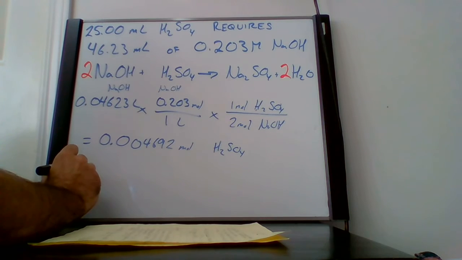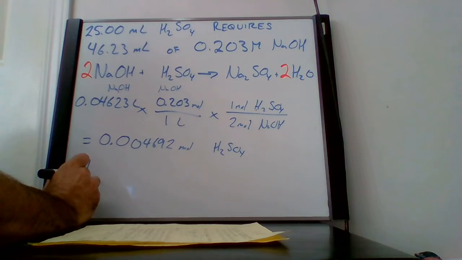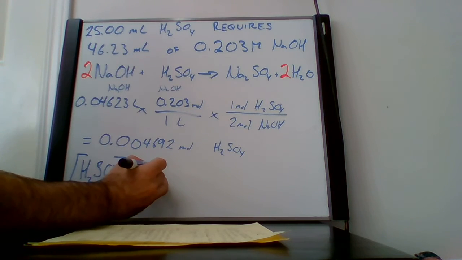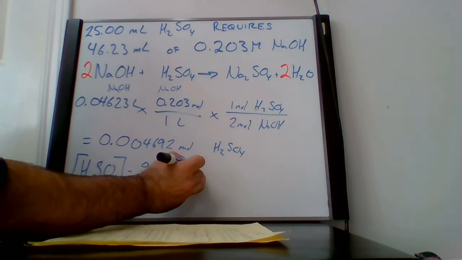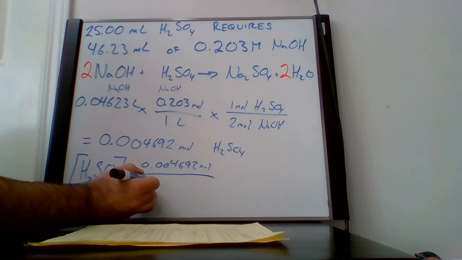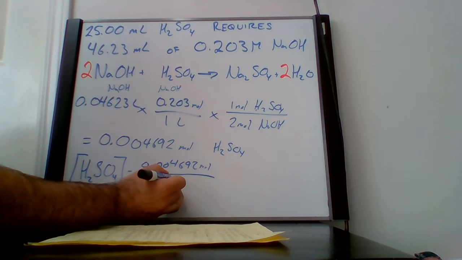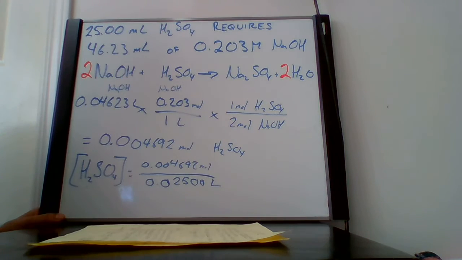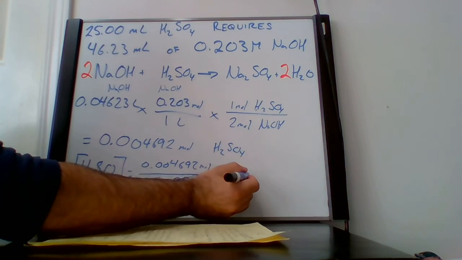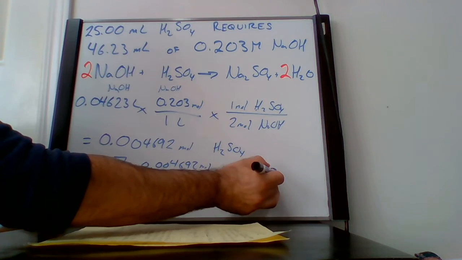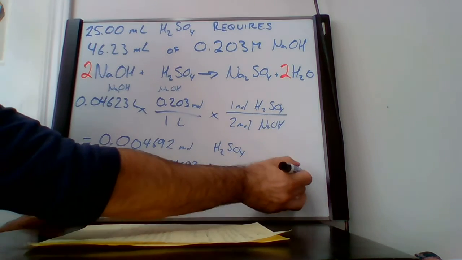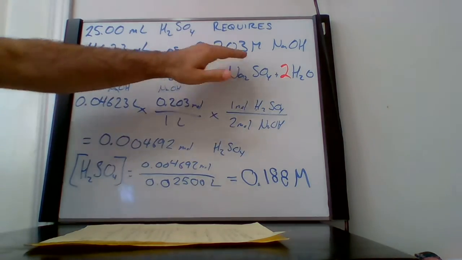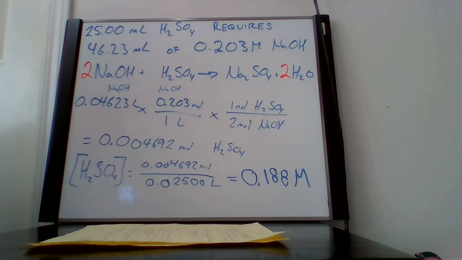So to figure out the concentration of my H2SO4, I'm going to take my 0.004692 moles divided by my 0.02500 liters of solution. This gives me a concentration of 0.188 molar. 4 sig figs, 4 sig figs, 3 sig figs. 3 sets the tone, 3 sig figs in my final answer.